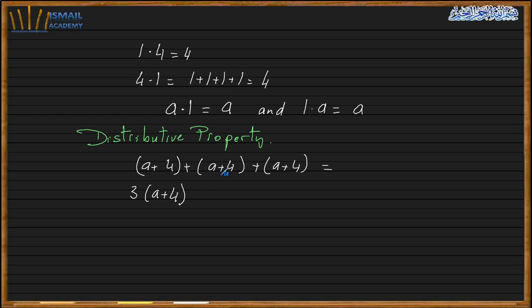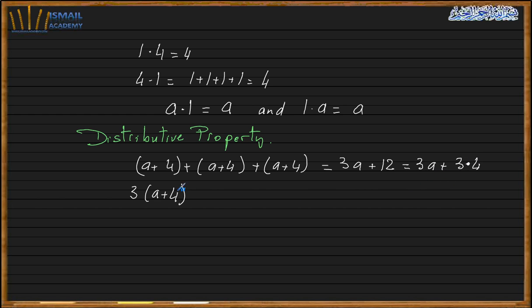You know by addition, we add similar quantities. a plus a plus a are similar quantities. How many do I have? I have 3a. 4 plus 4 plus 4 is 12. And if I want to do it in terms of multiplication, it is 3a plus 3 times 4.